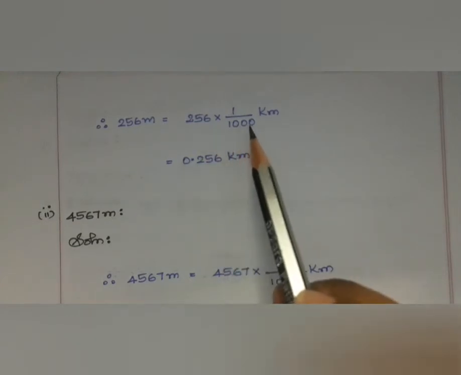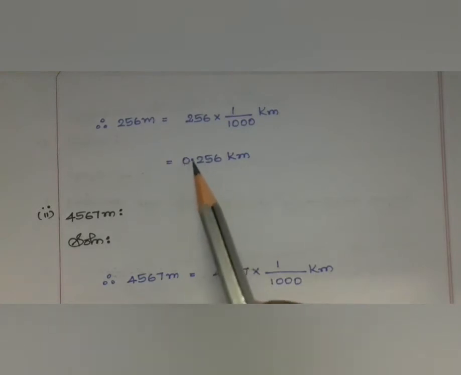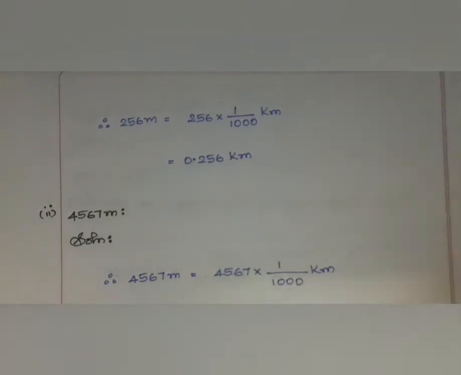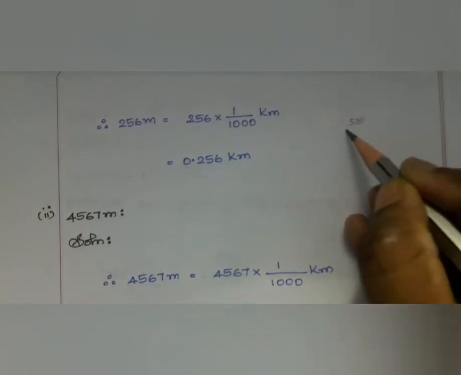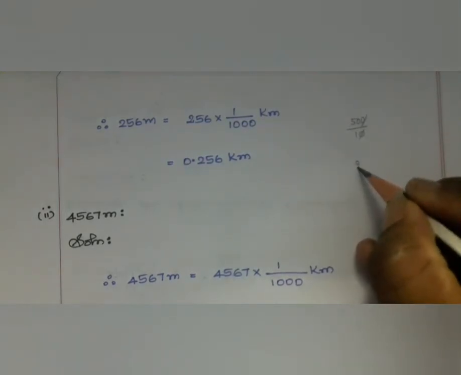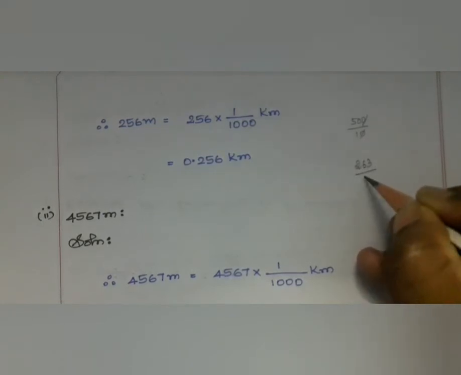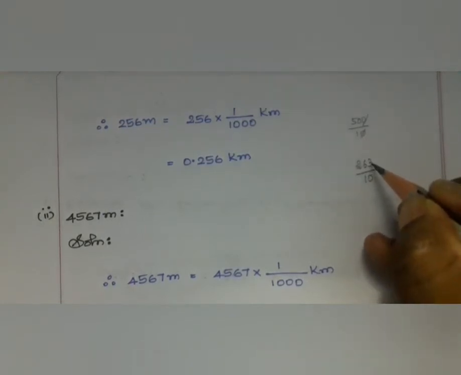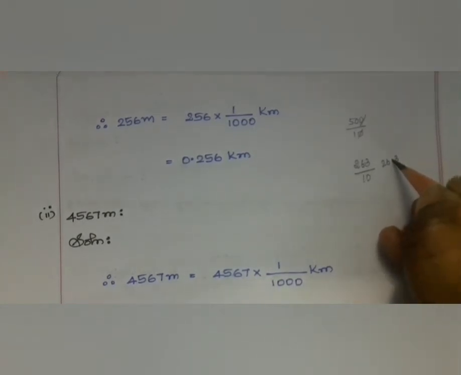Since it is 3 zeros, just move 3 digits and keep the point. So it is 0.256. A simple trick for you: if the number is given like 263 by 10, then push the decimal point after one digit, that is 26.3. If 10 is there, push the decimal point one step.